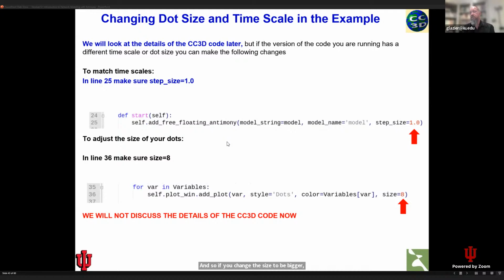And if the simulation is running too fast, you could make your step size smaller, make it 0.1, for example, in line 25. Again, we'll come back to how to control this code in a minute, but this is controlling the display options, essentially.